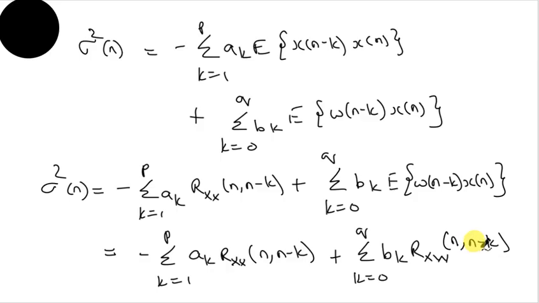Thus, the variance is the weighted sum of the autocorrelation function evaluated at different times and the weighted sum of the various cross correlations at different times. So, this is the expression that we are getting for variance.